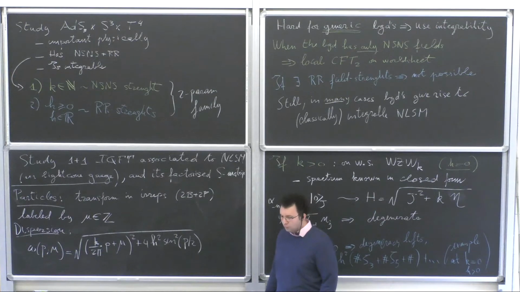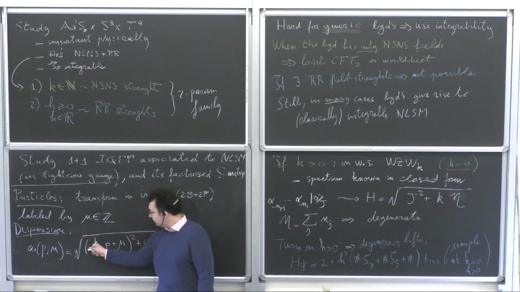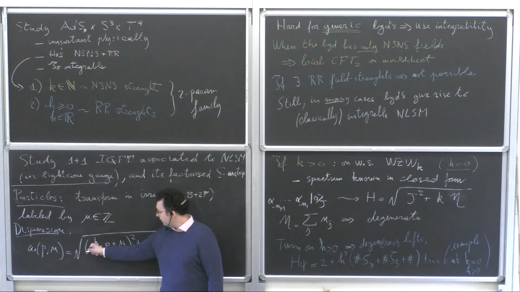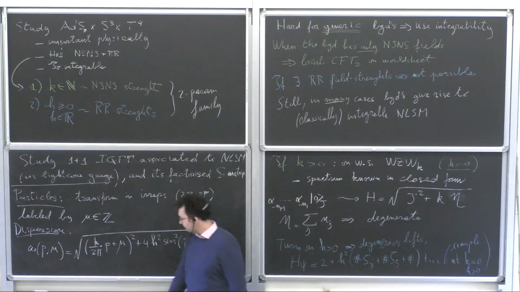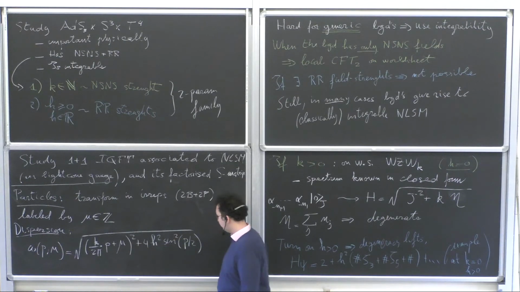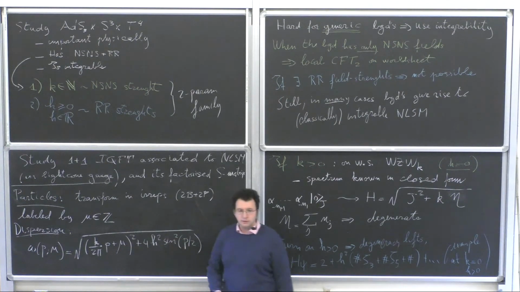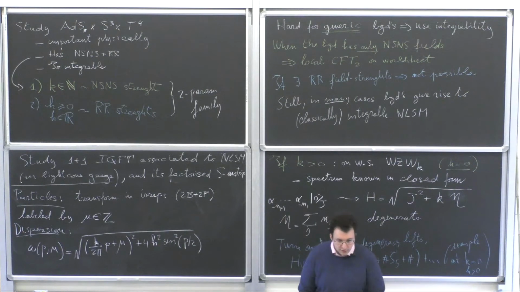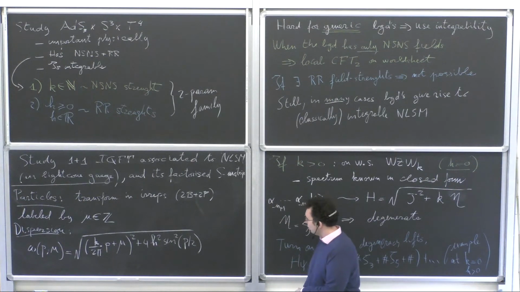And you see now all the players of this story. The NSNS, or Wess-Zumino-Witten model parameter, here, k. Mu, which just labels the different representations. And h, which tells you how much Ramond-Ramond flux you have turned on.